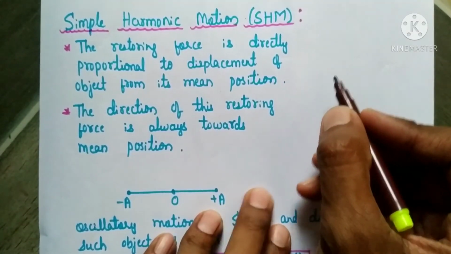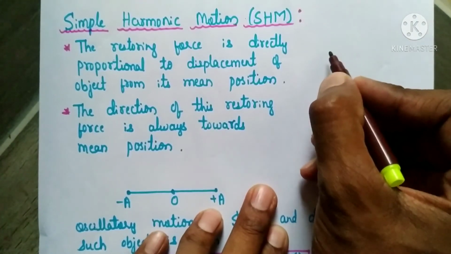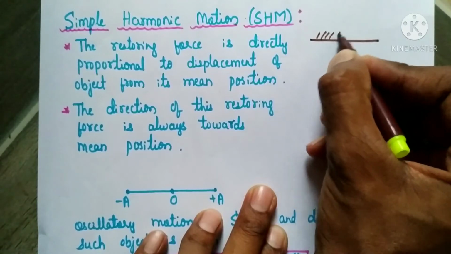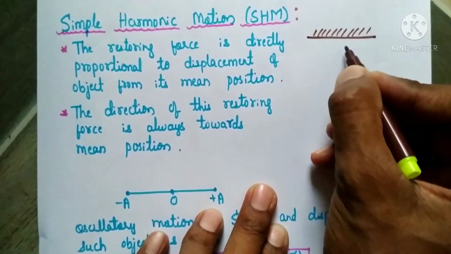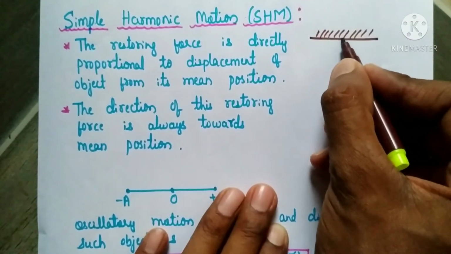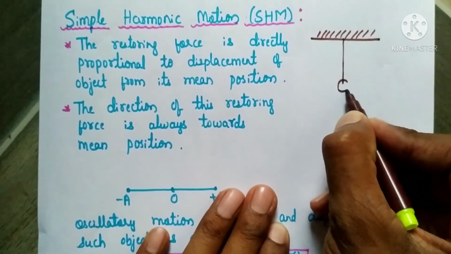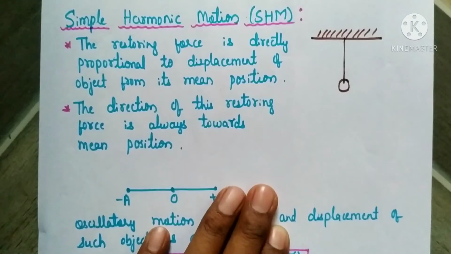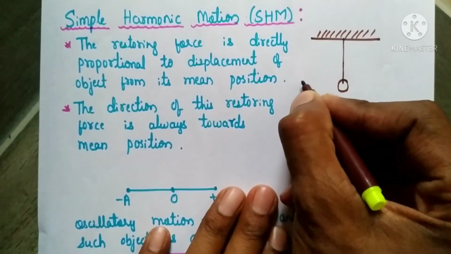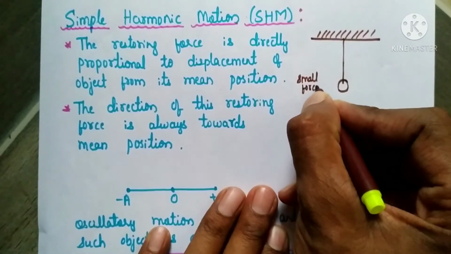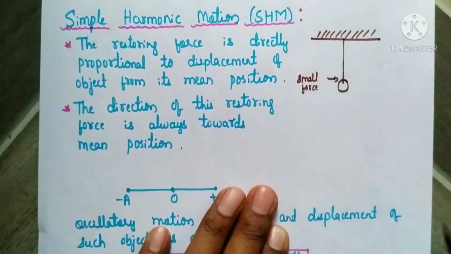To understand that, let me draw the simple pendulum. Let us imagine this is a rigid support, this is a string, and this is a pendulum bob. Now I will apply a small force on this pendulum bob.